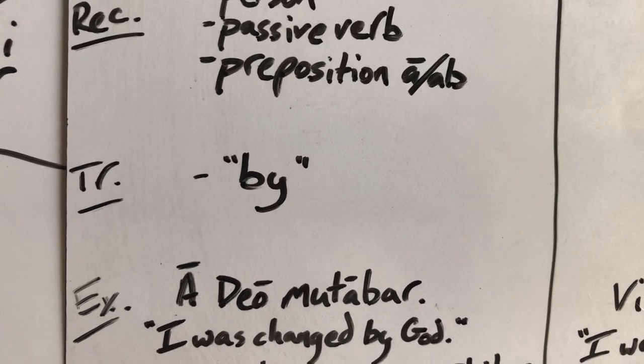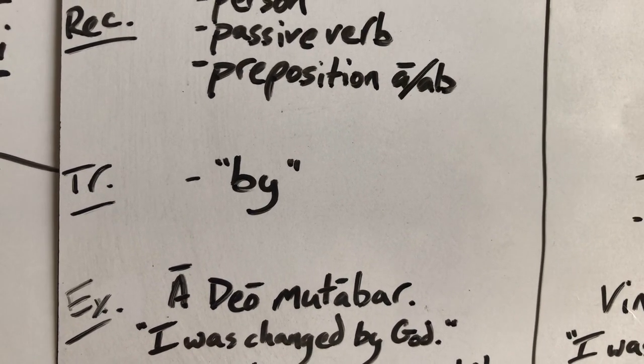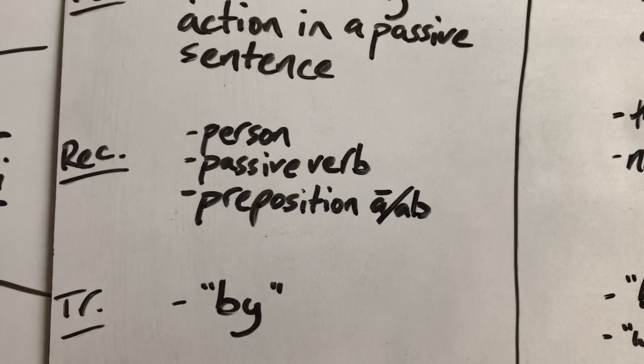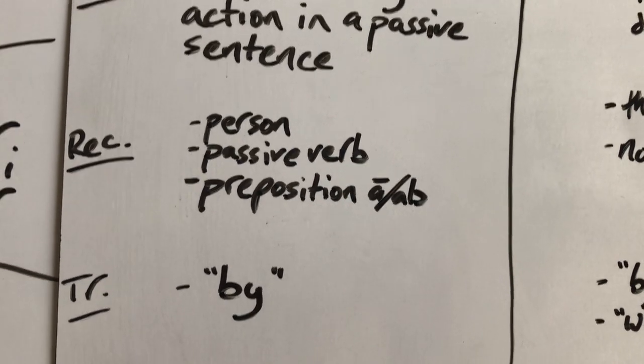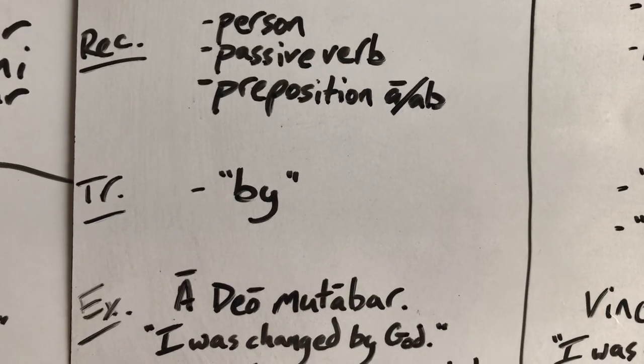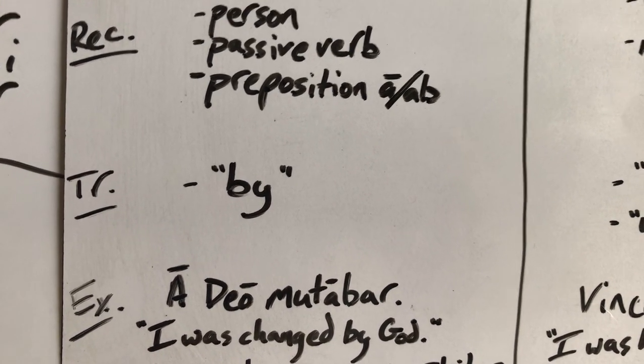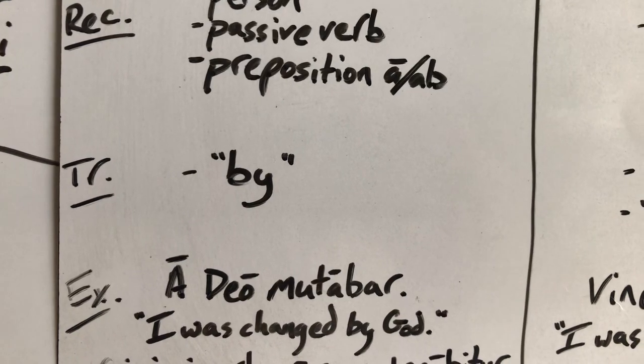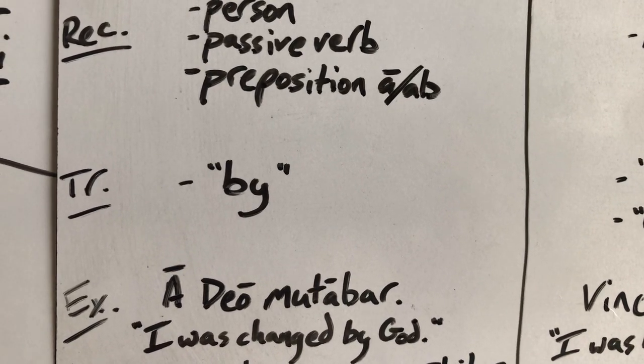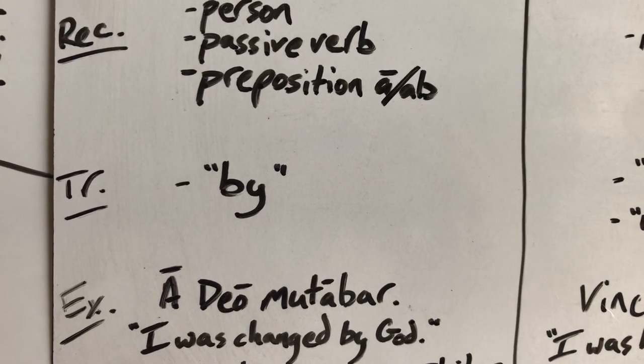You'll notice this sentence has all three of those things that we need. God is a person or animate being, and then we have our passive verb mutabar, and then we have that preposition a.